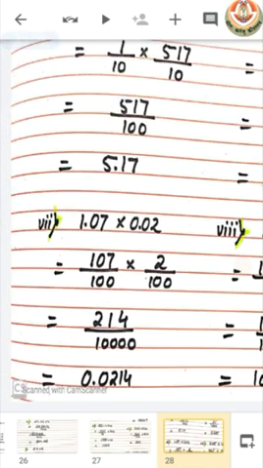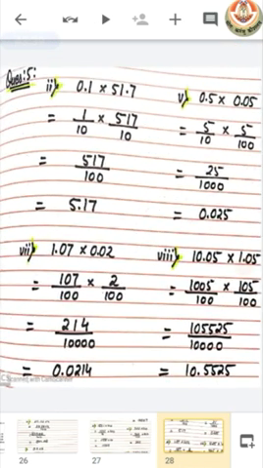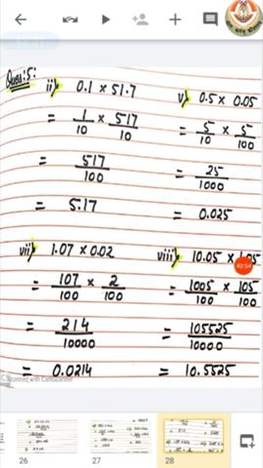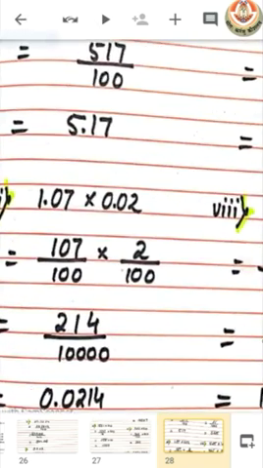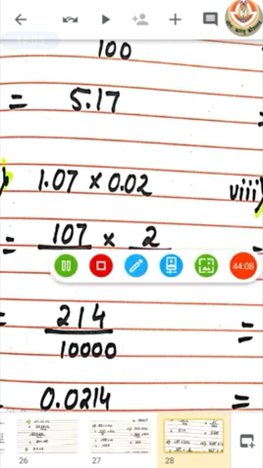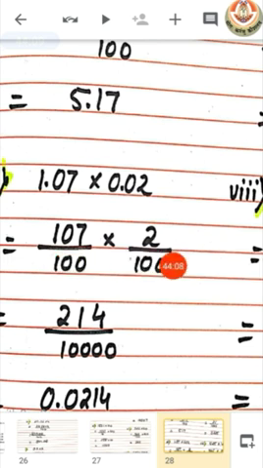Now how can we multiply two decimal numbers? For this, first we have to multiply them as whole numbers, then we place the decimal point according to the number of zeros in their denominator. For example, to multiply 1.07 with 0.02, first we multiply them as whole numbers, so they will become 107 and 2.